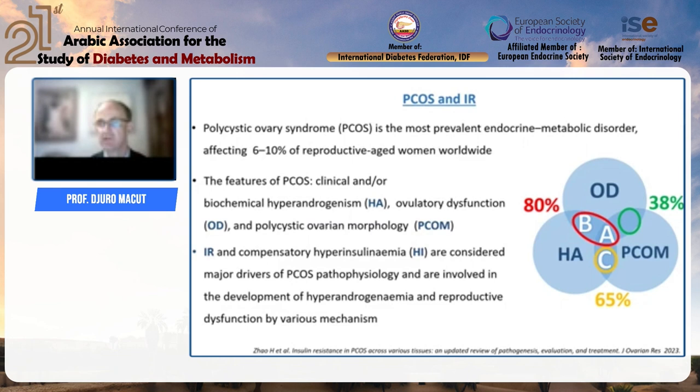On the other side, phenotype C, which is hyperandrogenism with polycystic morphology, is less affected by insulin resistance. And the lowest one is phenotype D, which shows a connection between the structure of the morphology and anovulation or ovulatory dysfunction.